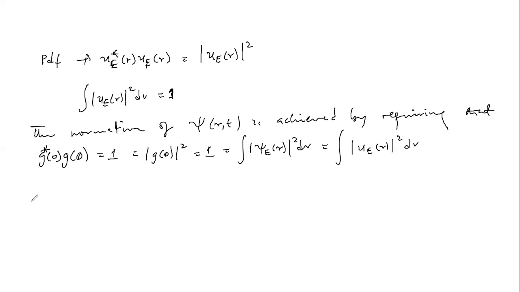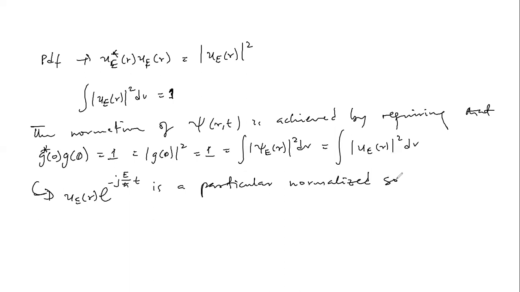So with this, we can now conclude that u_E(r) e^(-jEt/h-bar) is a particular normalized solution of the time-dependent wave equation.